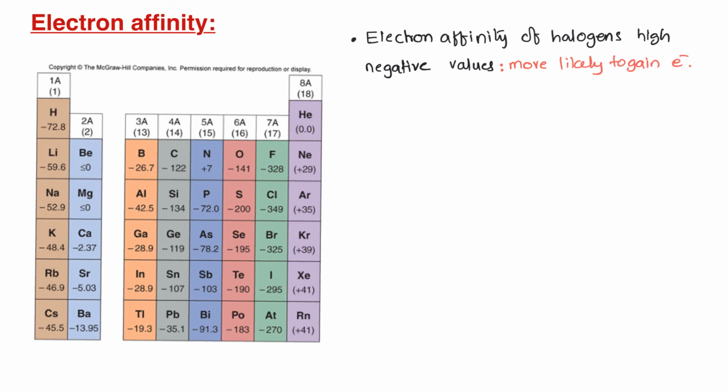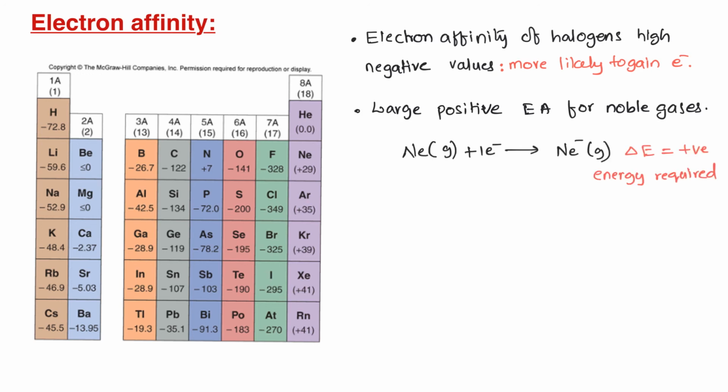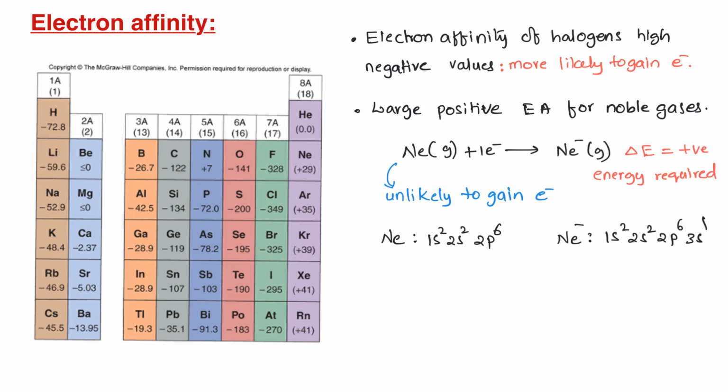On the other hand, noble gases have large positive electron affinities. What does that mean? When you add an electron to any of these atoms, energy is required. That is, they are unlikely to gain an electron. The reason for this is the electron that is being added has to enter into the next higher principal quantum level, making the atom very unstable.